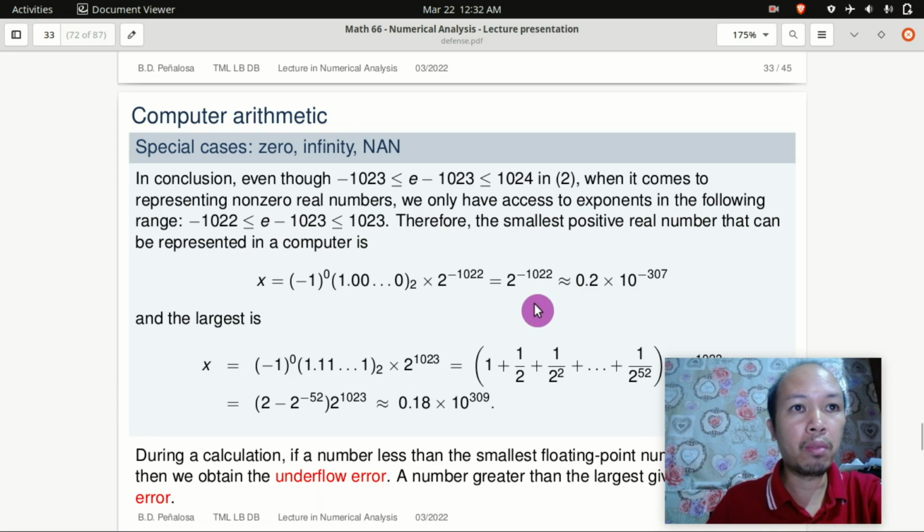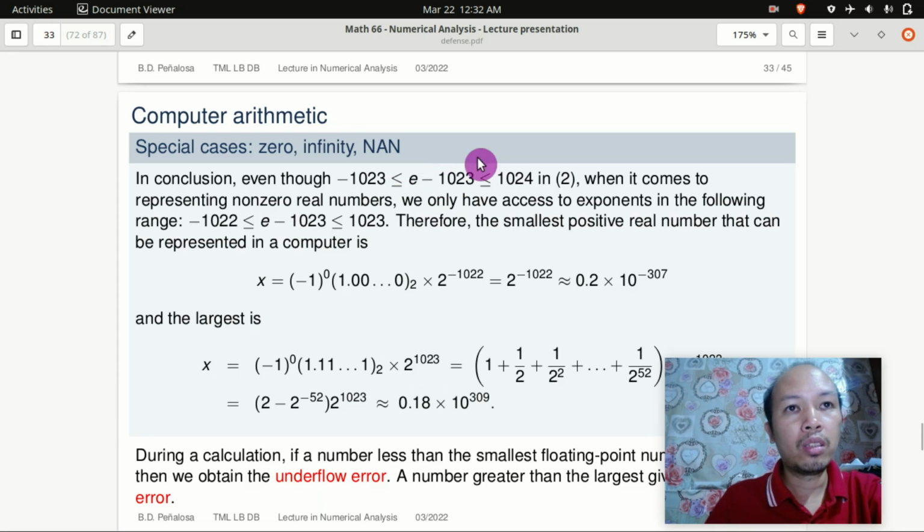Well, anyway, as you can see here, in our previous discussion, we have this inequality. This is the biased exponent of the IEEE 64-bit floating point representation.